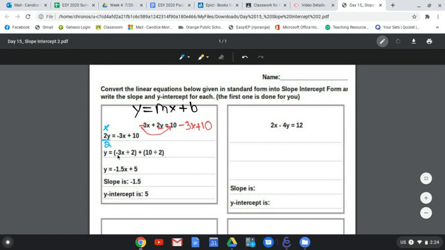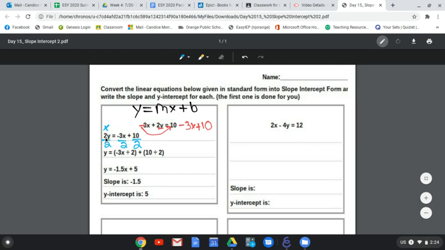And as you can see here, they did negative 3x divided by 2, okay? And then they had to do that again for the other number as well, for the number 10. Because when you divide by 2, you have to divide by 2 for every single number on the other side of the equation. Whenever you need to cancel out a number, you have to do the opposite operation.